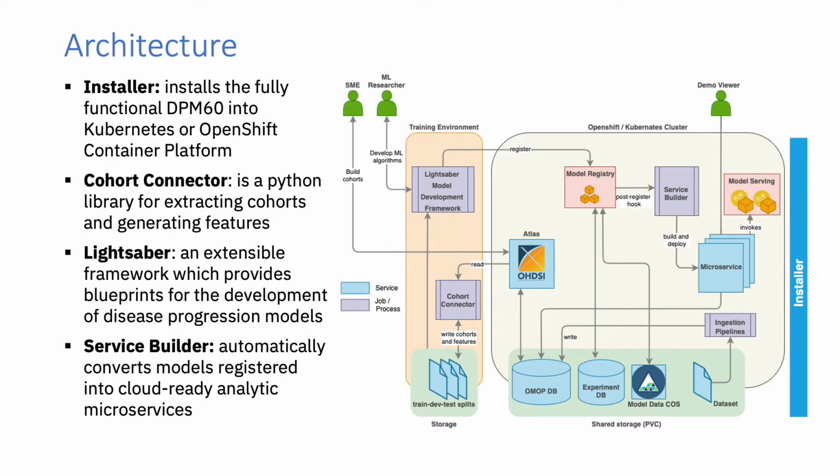Here we see the overall architecture of the DPM 360. The four key components are an installer that installs the entire DPM 360 stack into a cloud environment such as Kubernetes or OpenShift. Cohort connector is a component that connects to the OMOP database and extracts cohorts as well as their features in a format that is more suitable for deep learning.